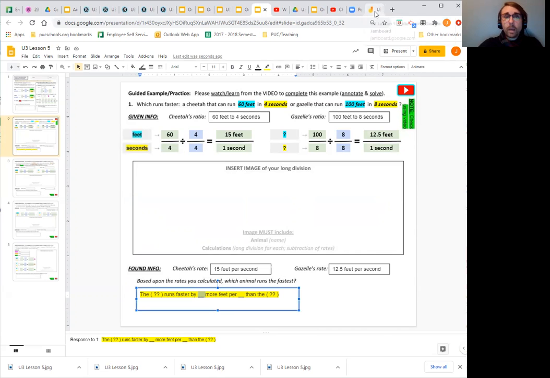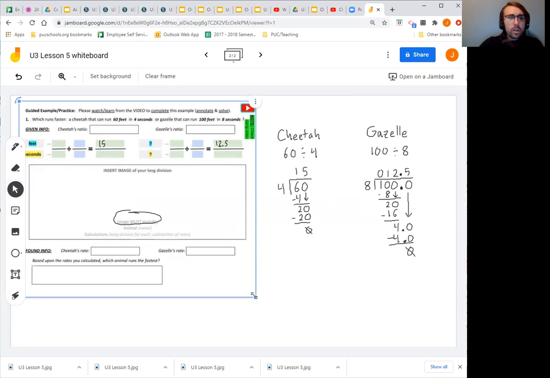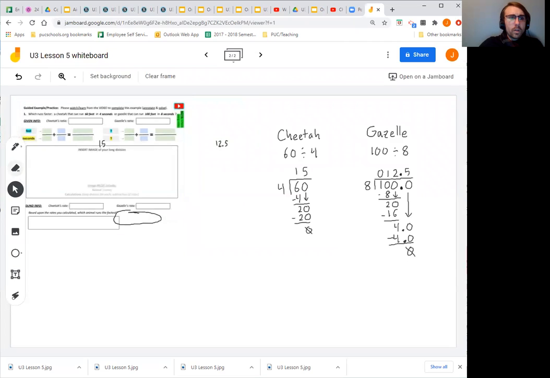So I'm going to go back to my whiteboard. And on your whiteboard or notebook, you can show the same calculation. Since this is really long, I'm going to put it on the side, not underneath. That way it'll all be in a line. So let me make this smaller. Okay, so our goal again is to figure out how many more feet the cheetah can accomplish every second.